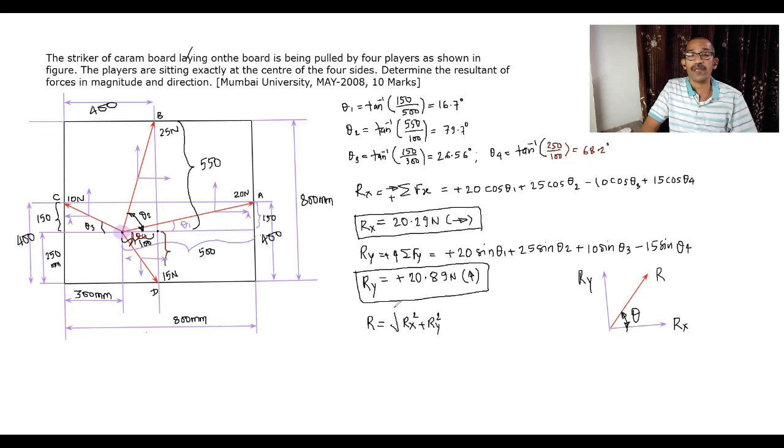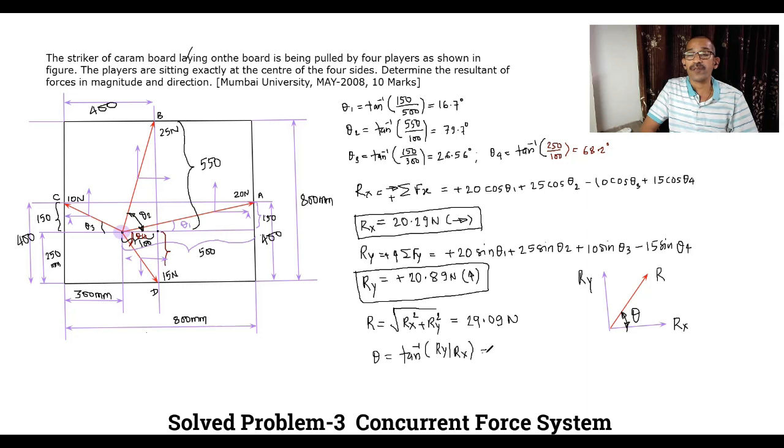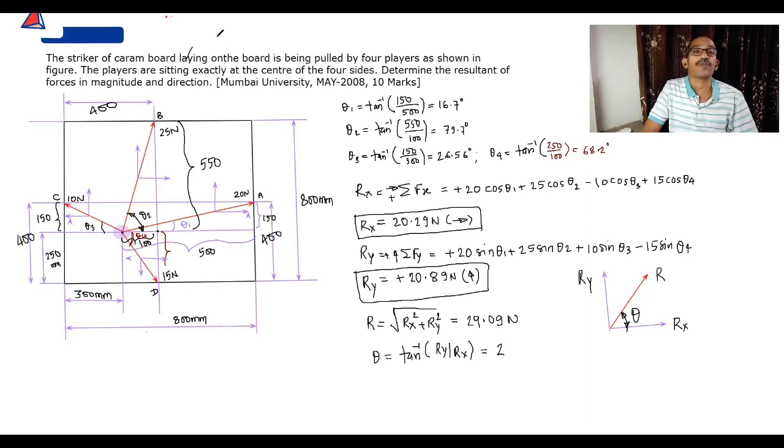Substituting Rx as 20.29 and Ry as 20.89, the magnitude of the resultant comes out to be 29.09 Newton. The inclination is tan inverse of Ry upon Rx. Substituting the values, theta comes out to be 45.89 degrees. Okay, thank you.